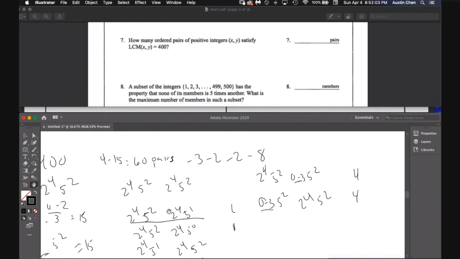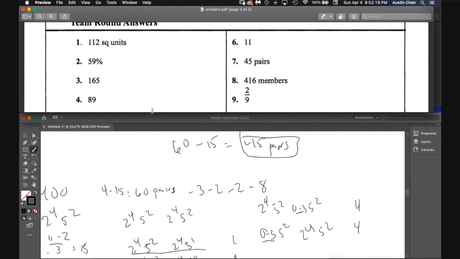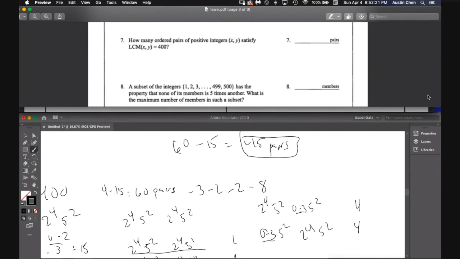So that's just going to be it. So we're going to have 60 minus all of this. That's going to be 60 minus 15, and that's going to give us our final answer, which is 45 pairs. And you can see that is your answer.